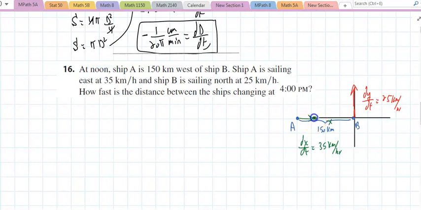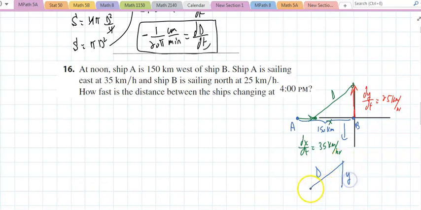So, as ship A gets closer, and this is going further, that's the distance between them. Right? So, if I need to find an equation for this triangle, there's the distance between them.